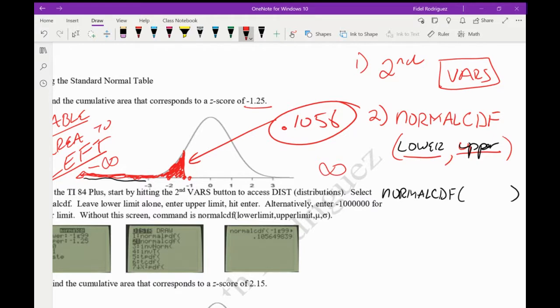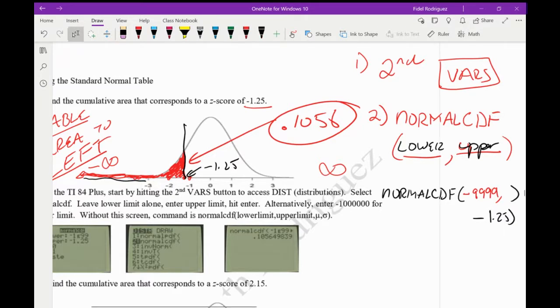Because infinity is not actually a number that I can plug in, I'm going to write in a number, like a negative with a whole bunch of nines. By a whole bunch, I usually just mean about 4. You can put 3, you can put 5, but I wouldn't put less than 3. And then where am I going to stop? Remember, the number where we stopped was a negative 1.25. So that's going to be my upper number.